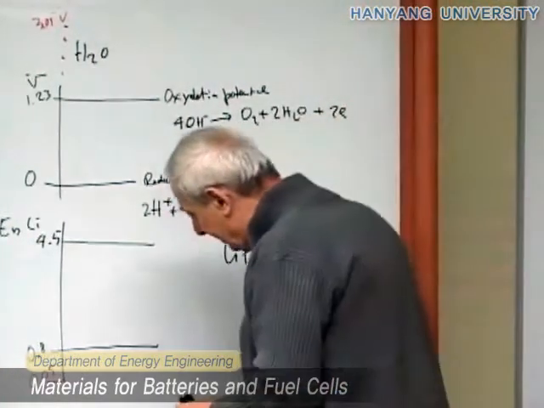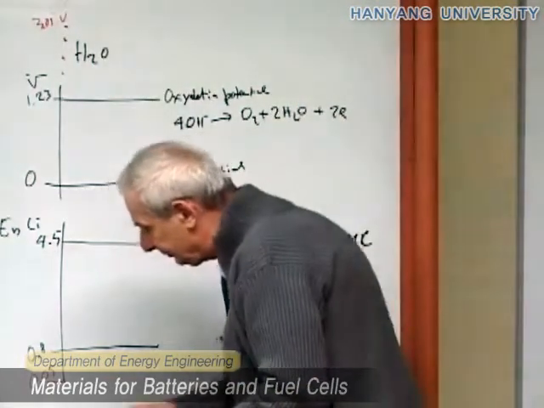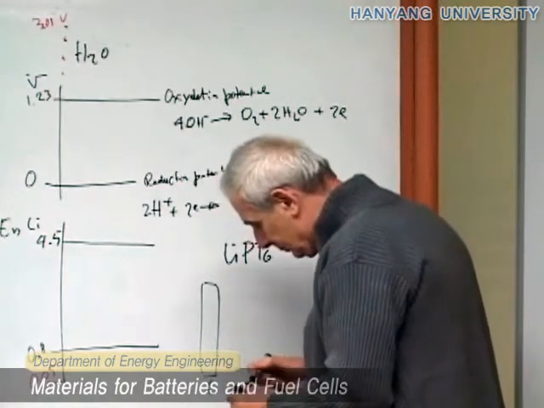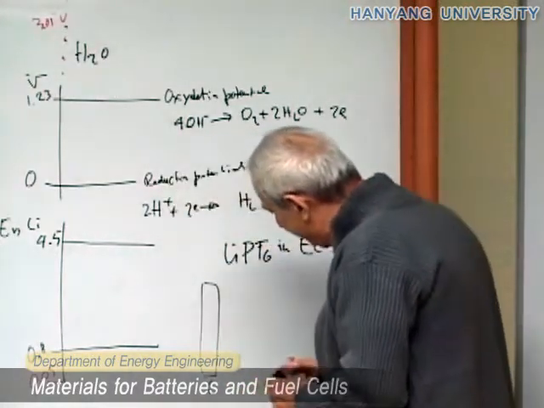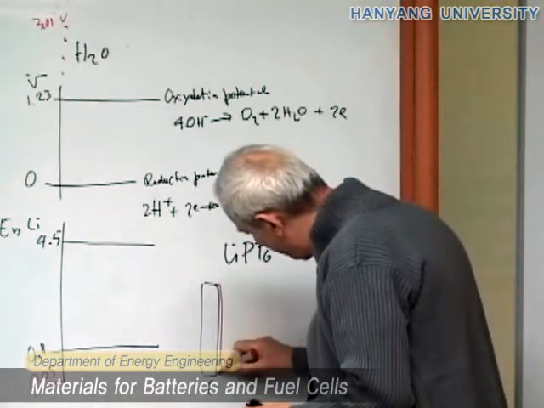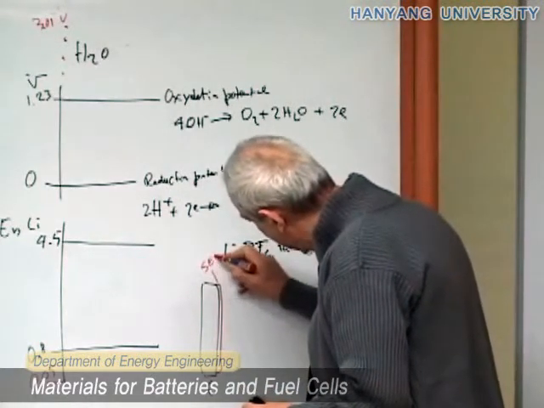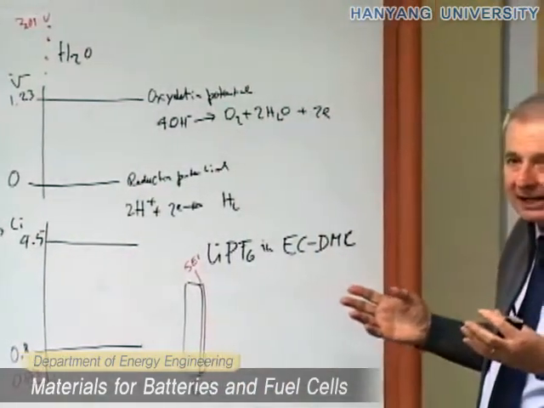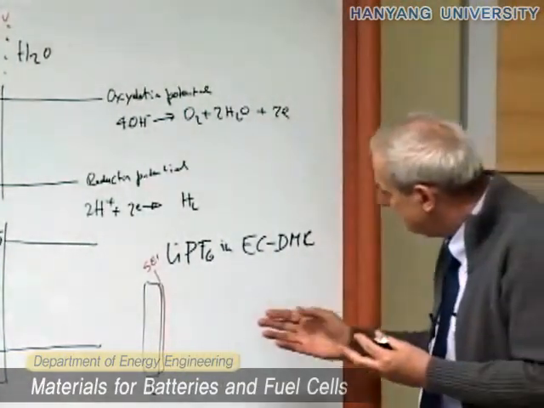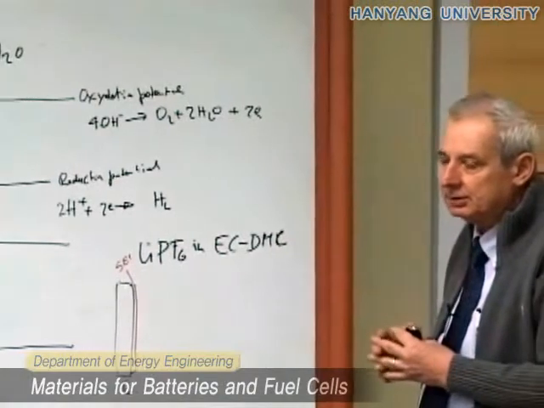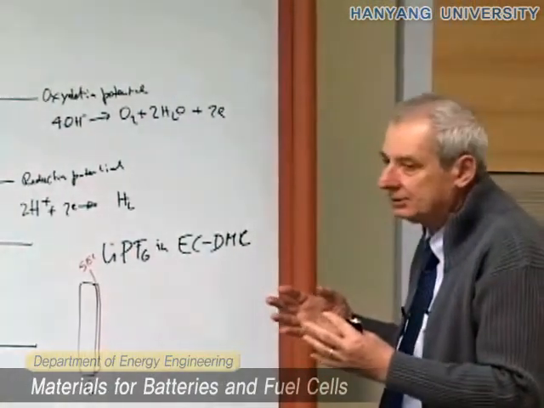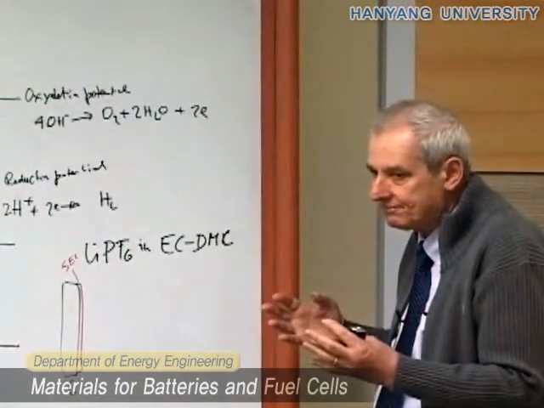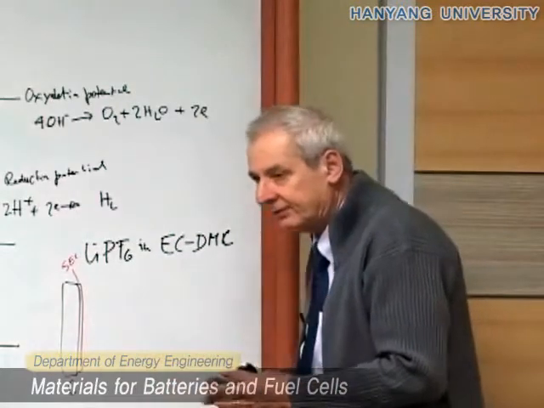So we will have now, as in the case of lithium, if this is a graphite electrode, the formation of a film, which is called SEI. And as we will see, this film is formed by inorganic compounds. And this film is an electronic insulator. So if you have a film which does not allow electron transfer, the decomposition reaction stops. And this is why it is called a protective film.